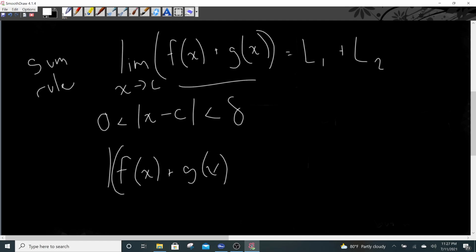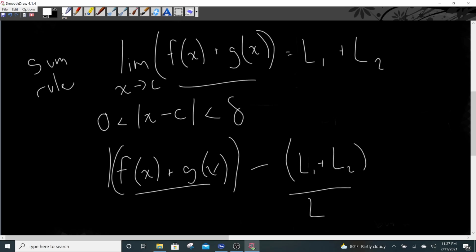I think we should put parentheses just to show that this is our quote-unquote f of x from our original definition. And then this is going to be minus the L, remember? So it would be in parentheses L1 plus L2. Because if this was some function like h of x, and then this was L, that would just be our normal limit concept.